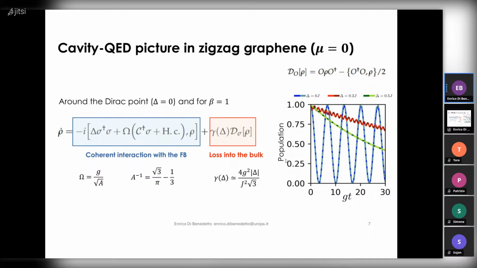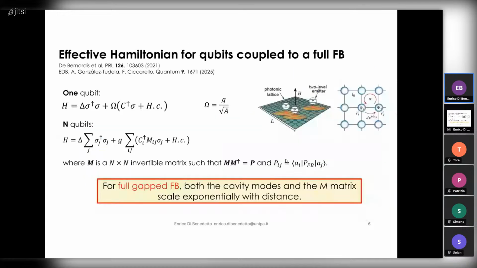This is a notable difference from the usual framework that I mentioned at the beginning. It means that there is a regime in which the dynamics actually becomes reversible. So I couple a qubit to the edge of a two-dimensional topological system, and I get a reversible dynamics.